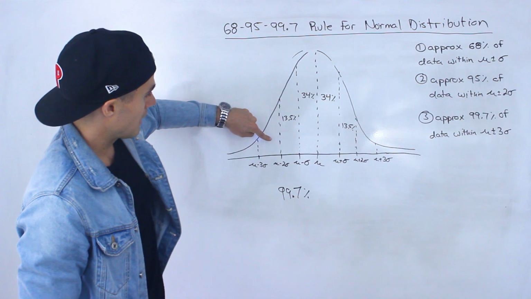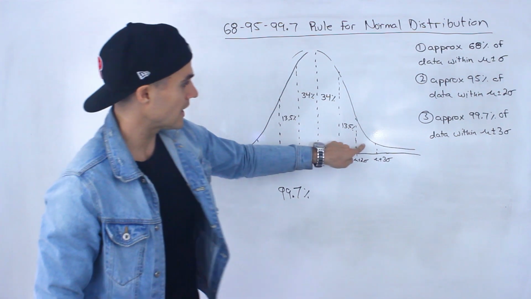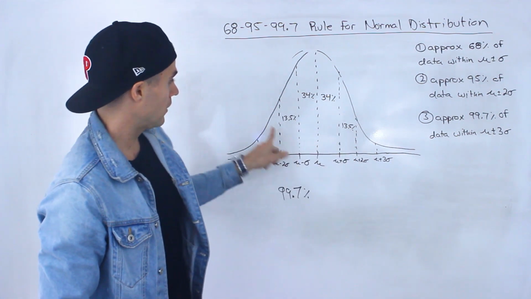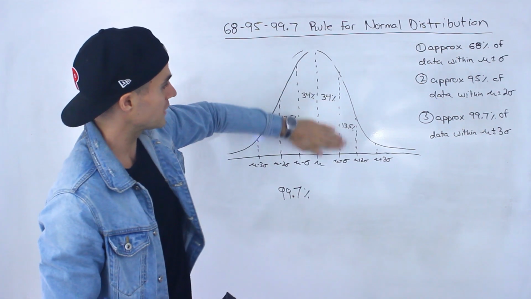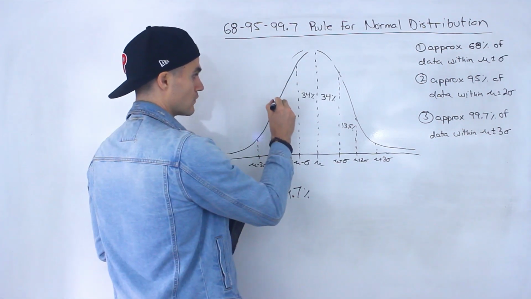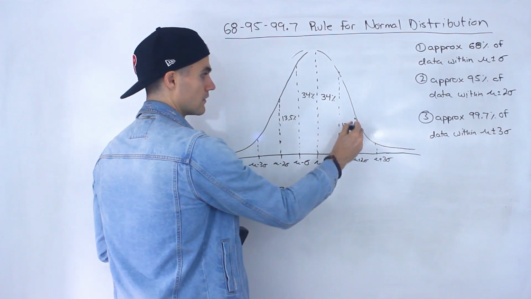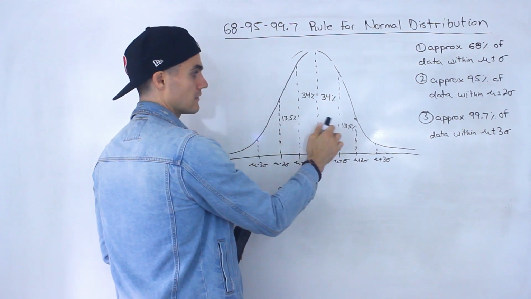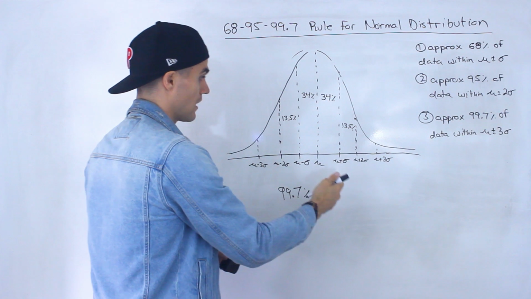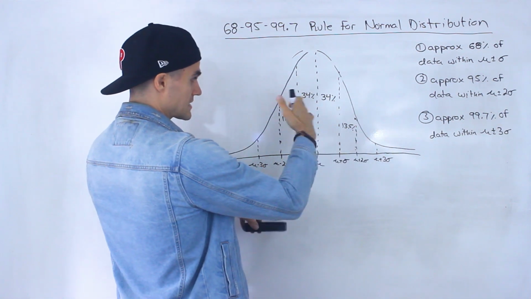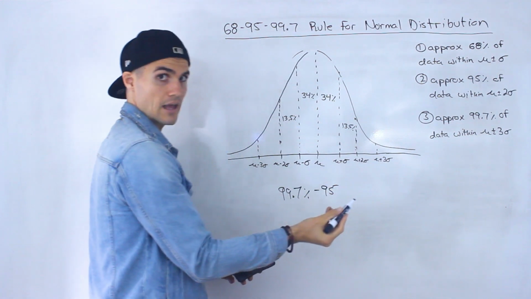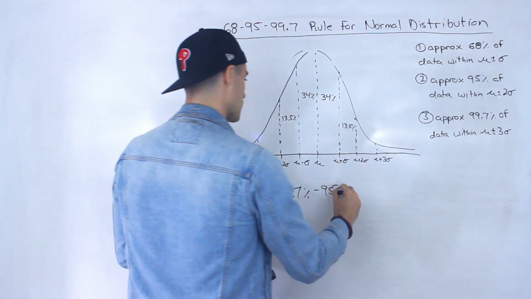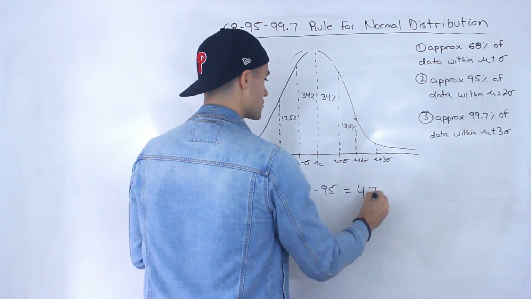How can we figure out this area and then this area? All of this totals 99.7, and we've already covered 95 from here to here. So if we add these 4 areas up, it's going to be 95. So what's remaining is the total 99.7 minus the 95, which would be 4.7% remaining.